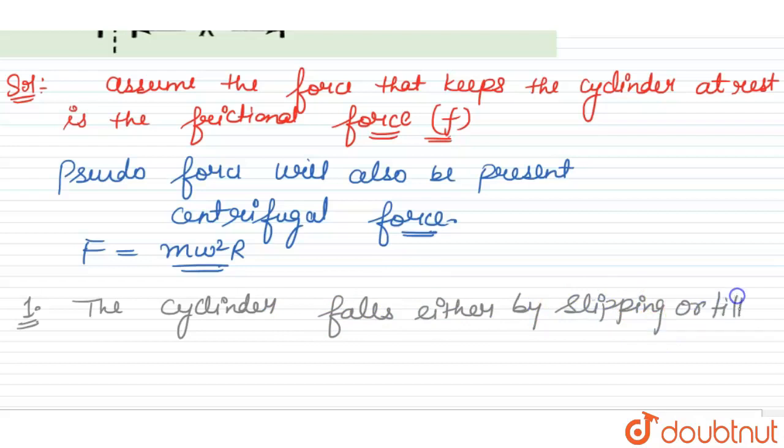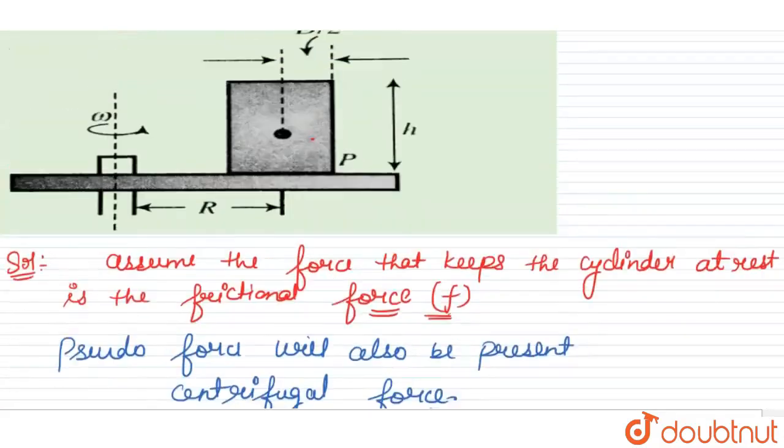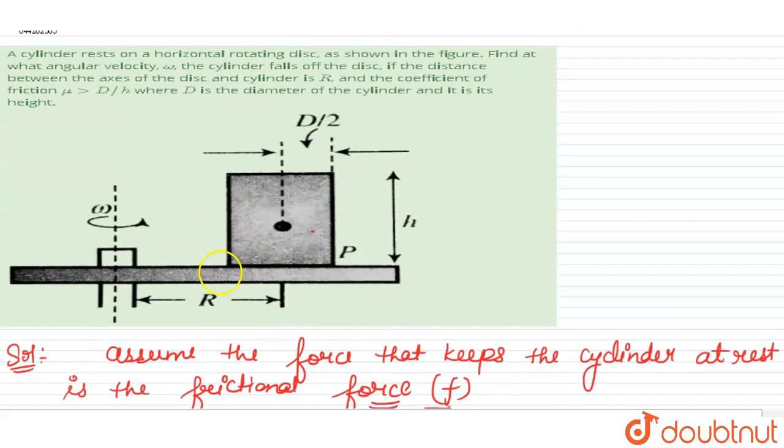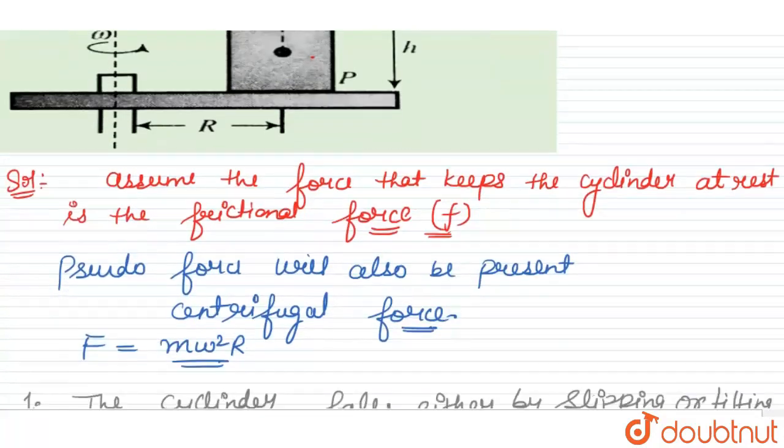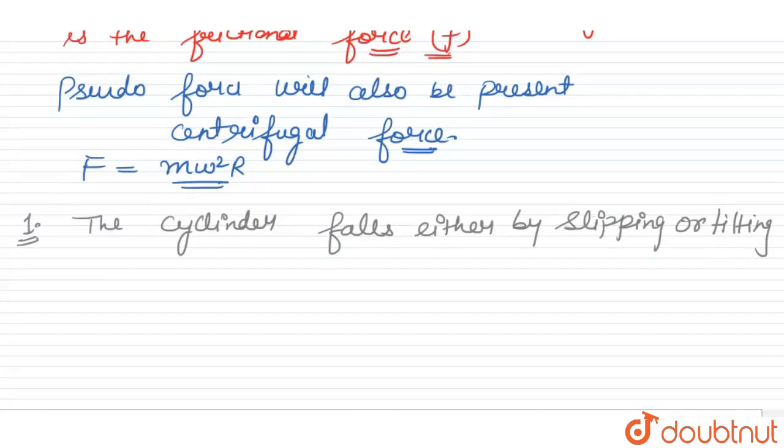It means that either the cylinder can slip, or the cylinder can tilt out of the disc. In that case, the centrifugal force will be equal to the frictional force acting on the cylinder.